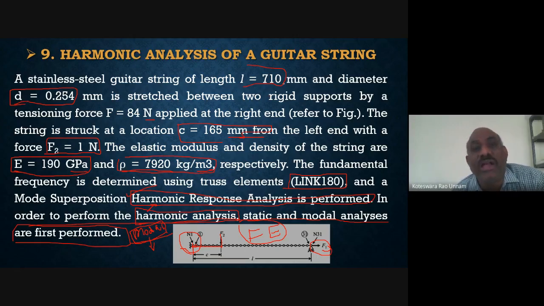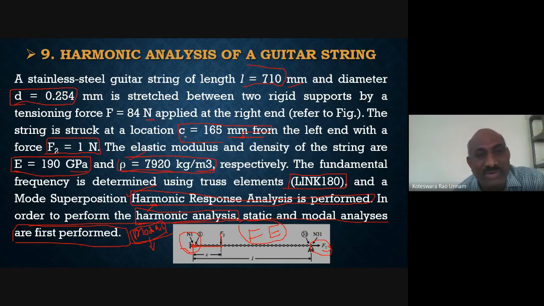Therefore, I have to fix whether I'll go for mm units or meter units. If I fix mm units, then I need to change this density into kg per mm cube. Or else, if I want to stick to meters, then I need to convert this mm length and area and this C into meters.